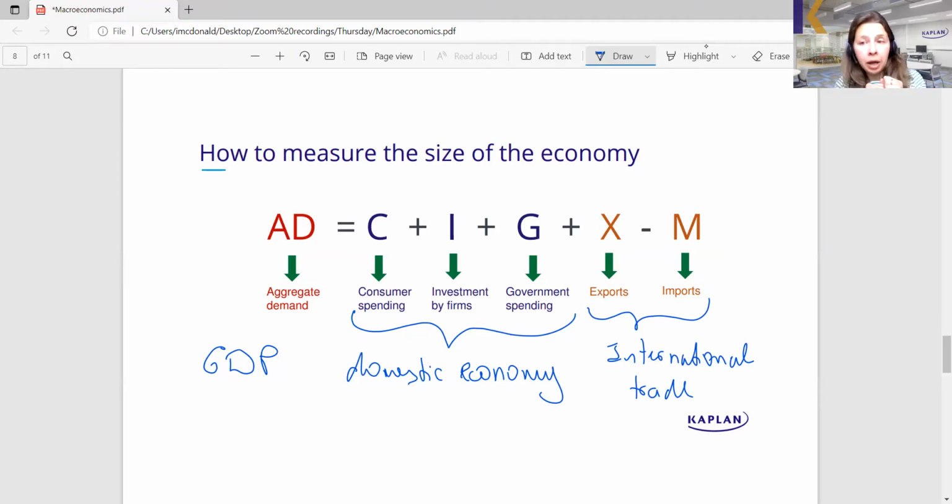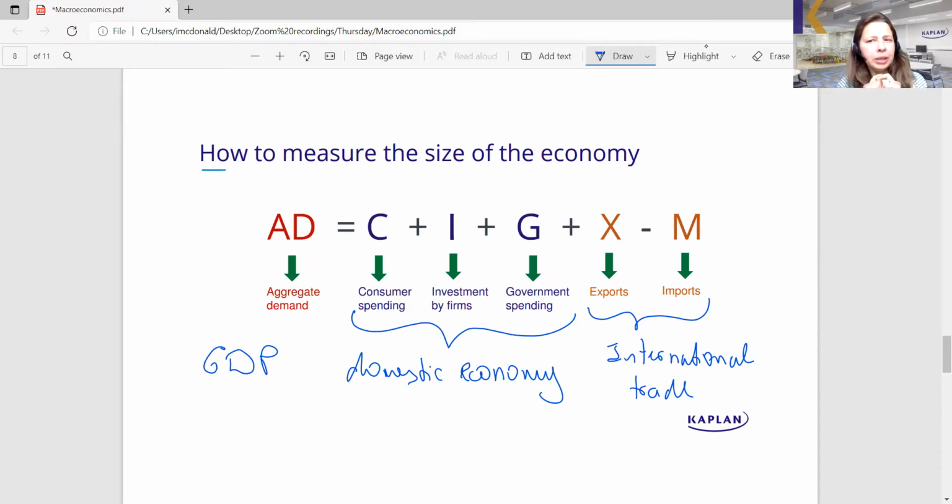Whereas imports are the opposite. Imports are the goods made in a foreign country for which we have to pay, so the money will go out of our country to that foreign state, and that will reduce the size of our economy.